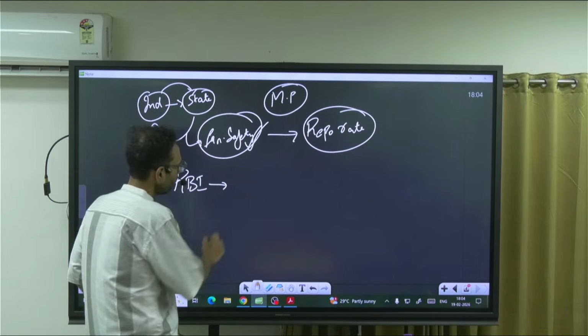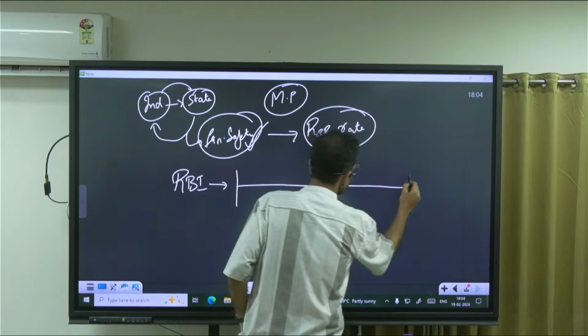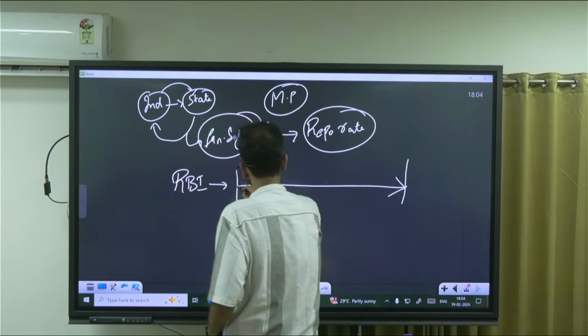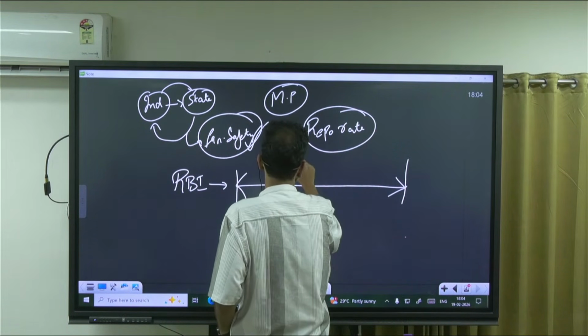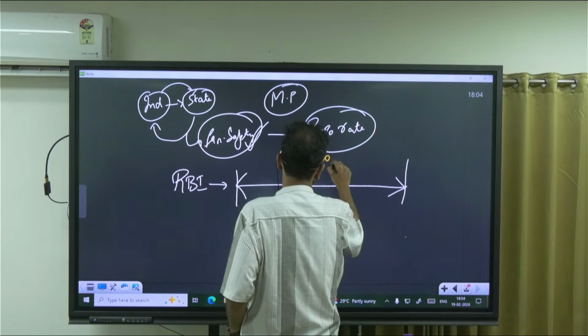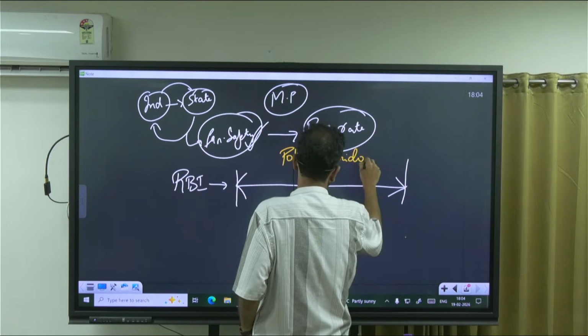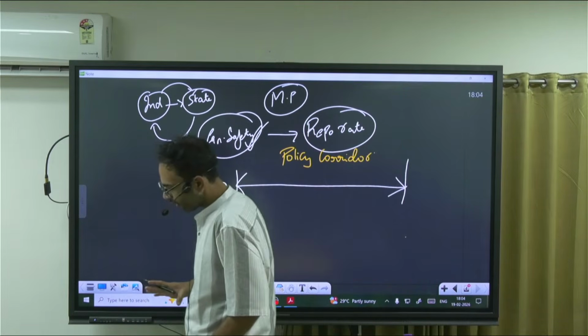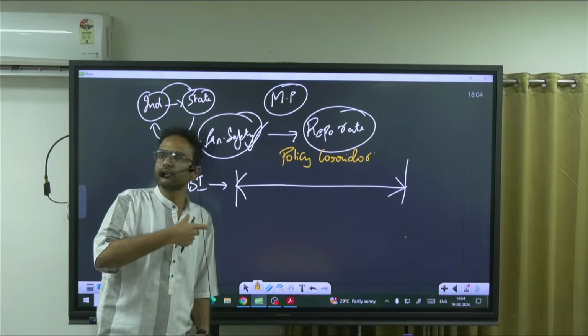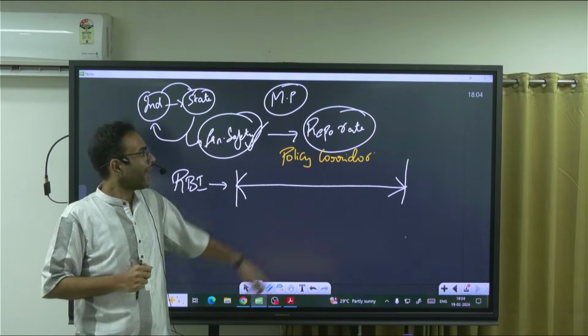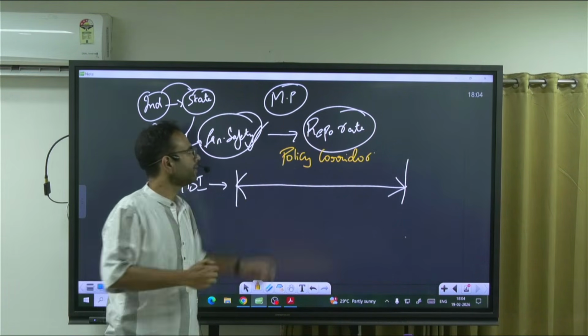Here you have to know about something called the policy corridor. This policy corridor is nothing but the range in which RBI's scope will be there, and the basis for functioning will be this repo rate.